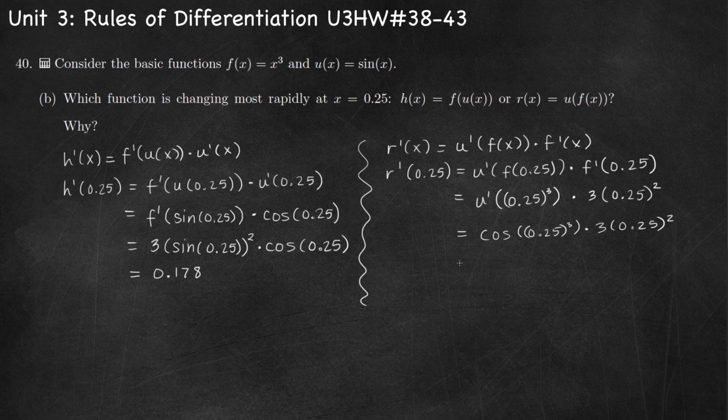Okay, and now we can go to the calculator, and this gives 0.187. So r prime of 0.25 is greater than h prime of 0.25. And this tells us that r is changing more rapidly.